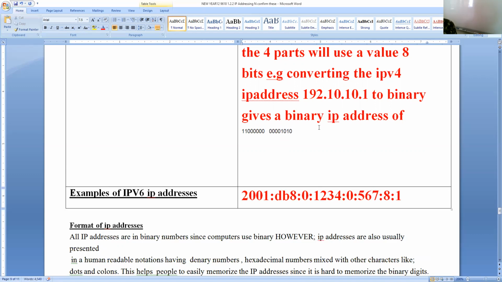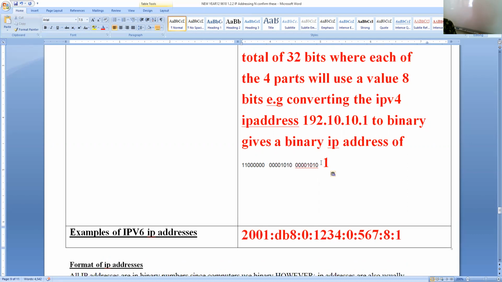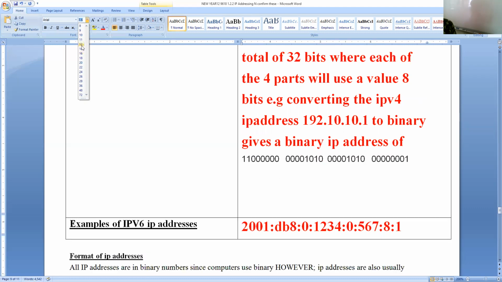That's what 10 will give us. So if you have 10 again, it means you shall get this twice. Then we shall get this also. And we put the extra zeros. So for 1, we shall have 1 here. Then we put 1, 2, 3, 4, 5, 6, 7. So this is what it will give us in binary.